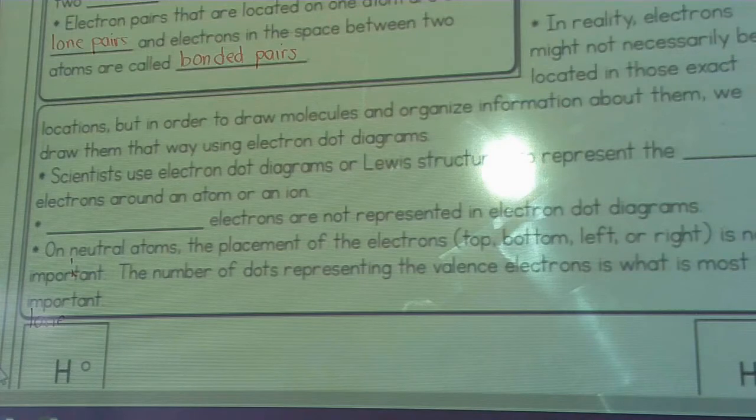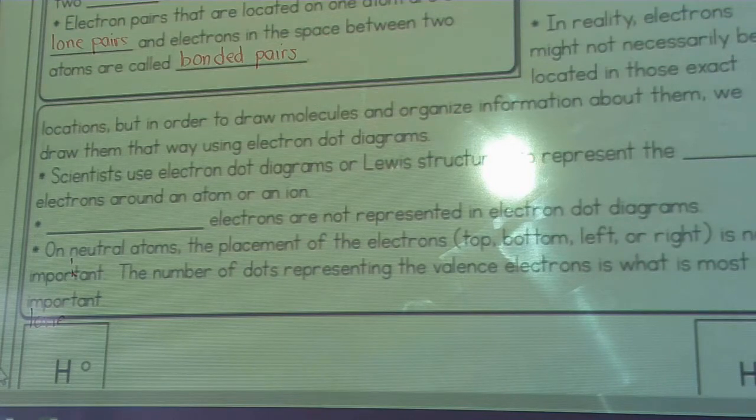Even though we see them that way in the picture, in reality, the electrons might not necessarily be in that exact location. But this is a model, remember, and we use it to help us see what's going on and to get good information. So that's just the way we draw them.